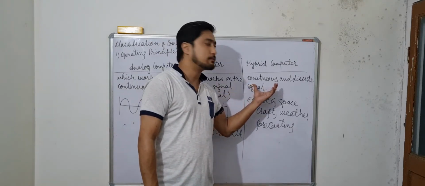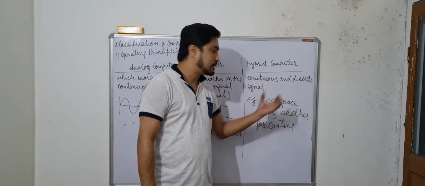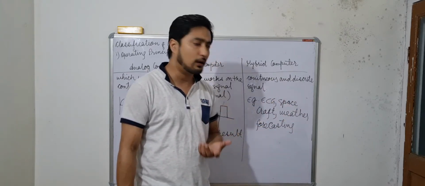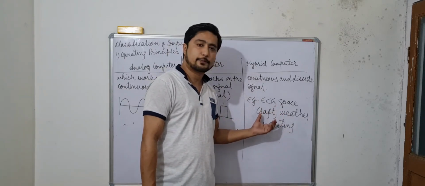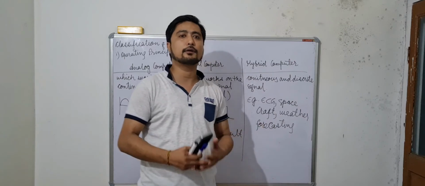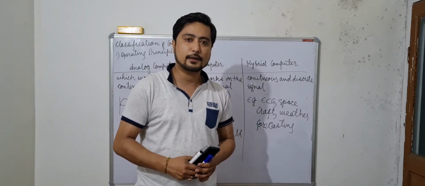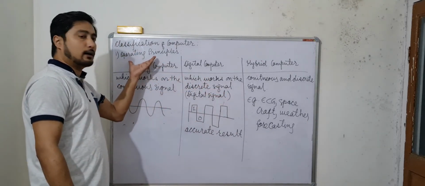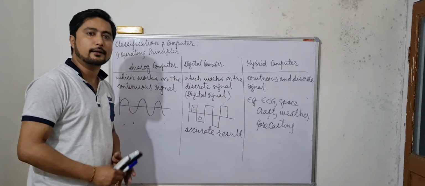That means it uses both continuous and discrete signal. The example is the ECG machine that we see in hospitals, and it is used in spacecraft and for weather forecasting. So there are three types of computers based on the operating principle.